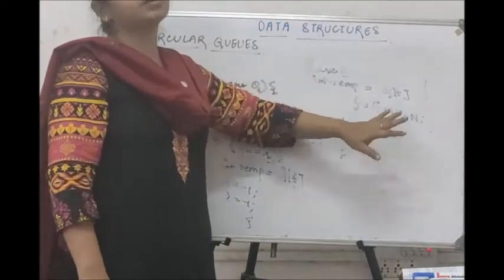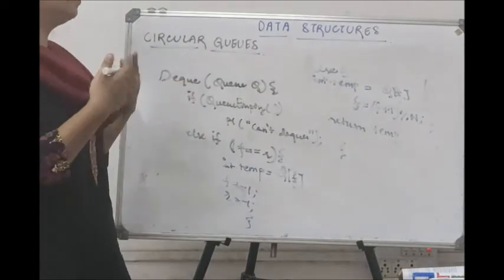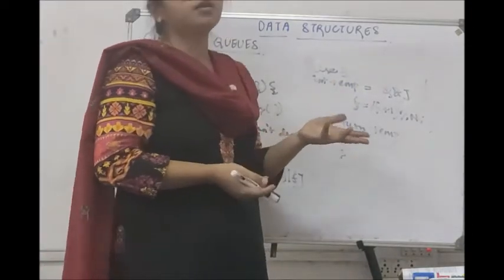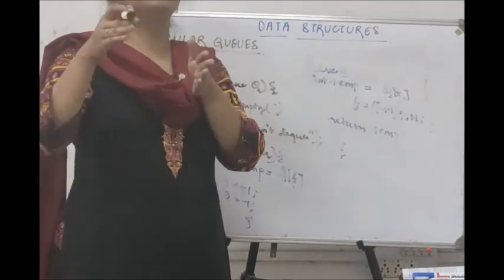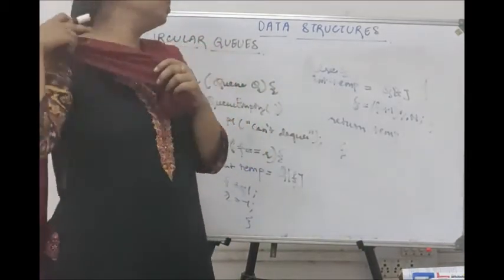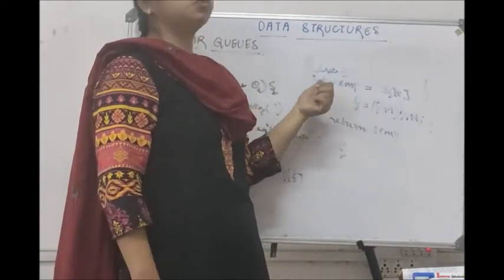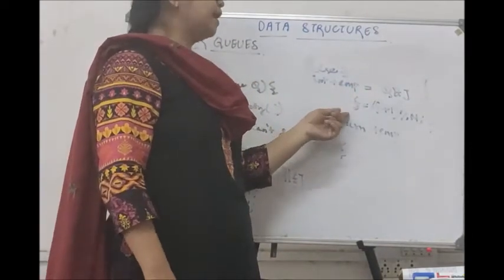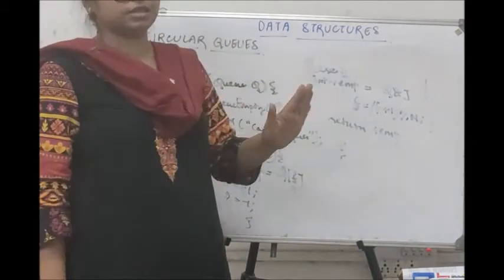Now, if only one element is not present, normally there are a few elements in the queue. Then what we do usually, whenever we delete from the front, we increment the front. That's what we will do here. We will take out the front element and store it in a temporary variable, and we will increment front in normal cases. Okay. So this is the last case.